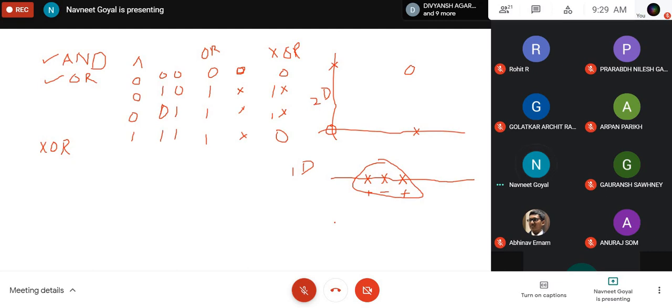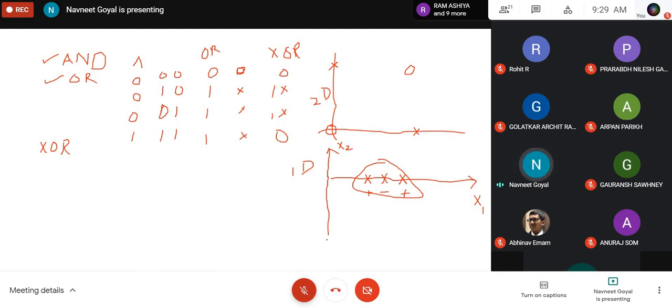I have discussed this in some context, not directly. So this was my X, or X1, I would say. Now let me add another dimension, and I call it X2.